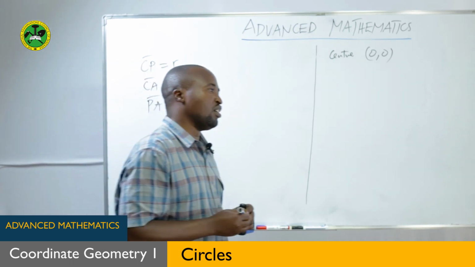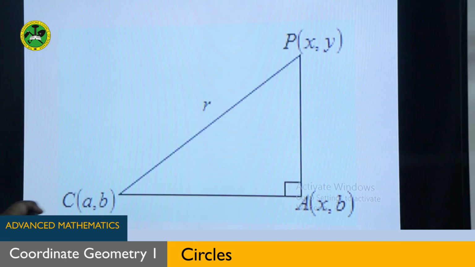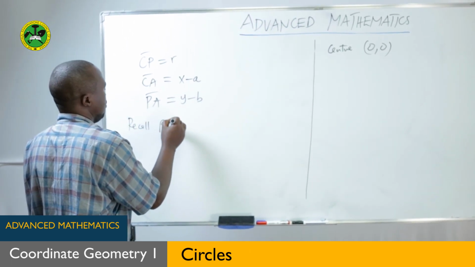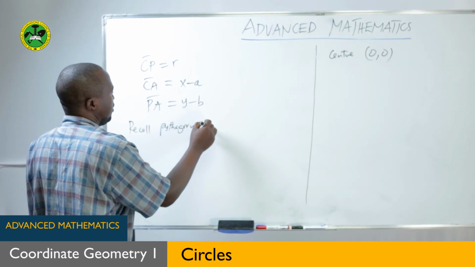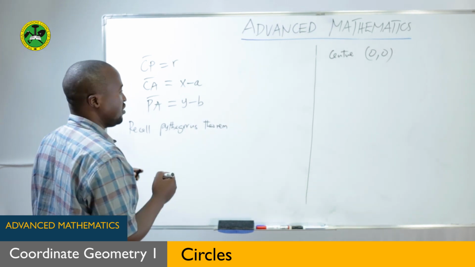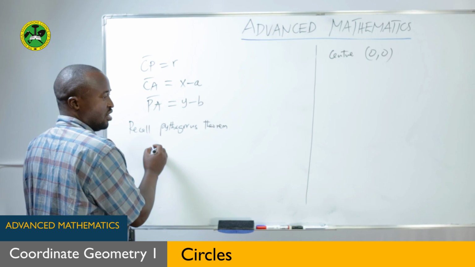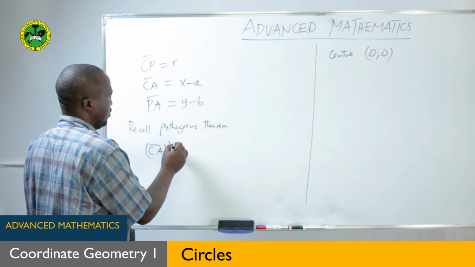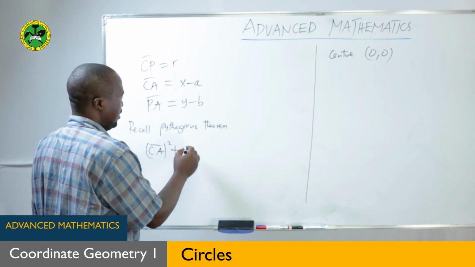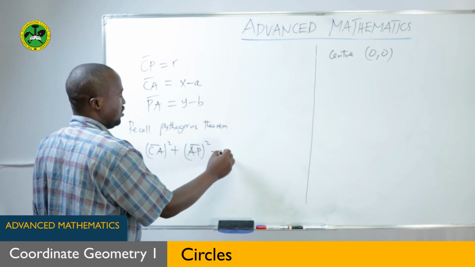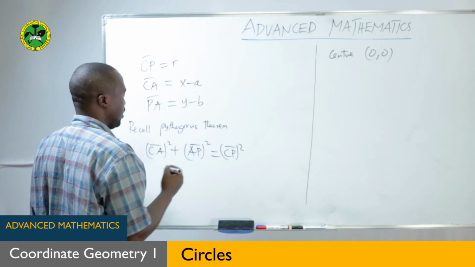Now again, my dear student, we can recall the Pythagoras theorem in our triangle. That is, CA squared plus AP squared is equal to CP squared.